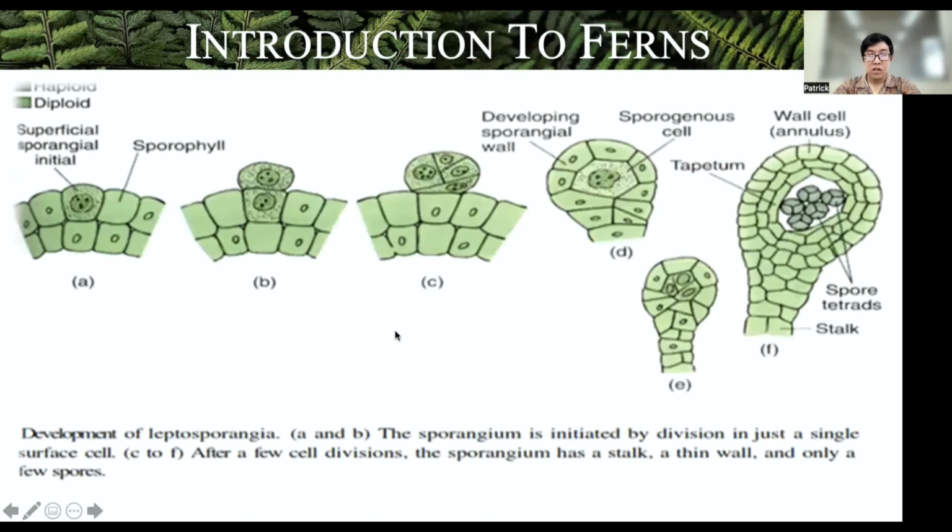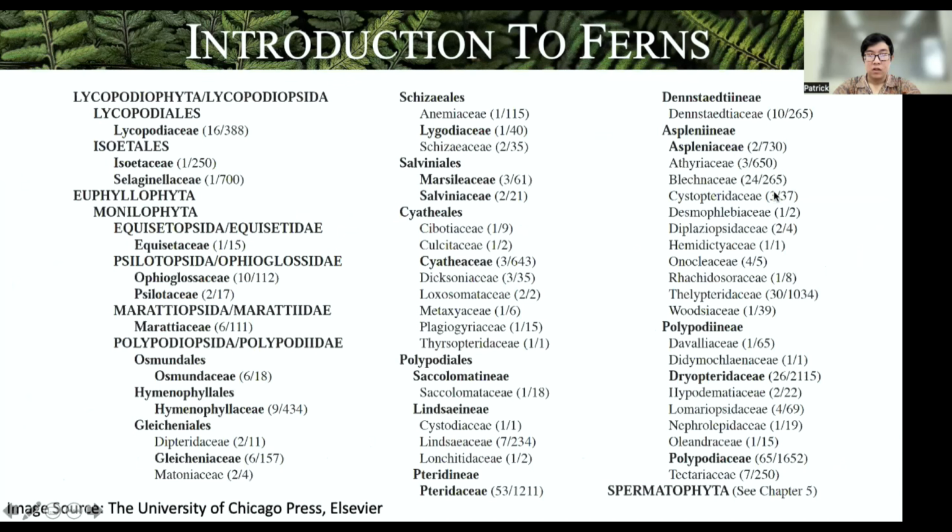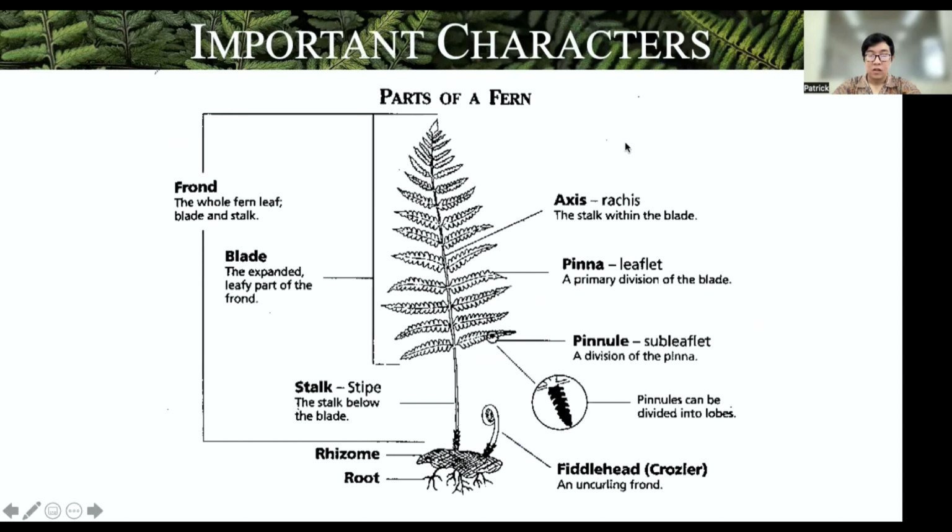So the leptosporangiate is a small sporangium that develops from a single initial cell and produces a small definite number of spores. So this is the result of the pteridophyte phylogeny 1. Again, two classes, 14 orders, and 51 families in total.